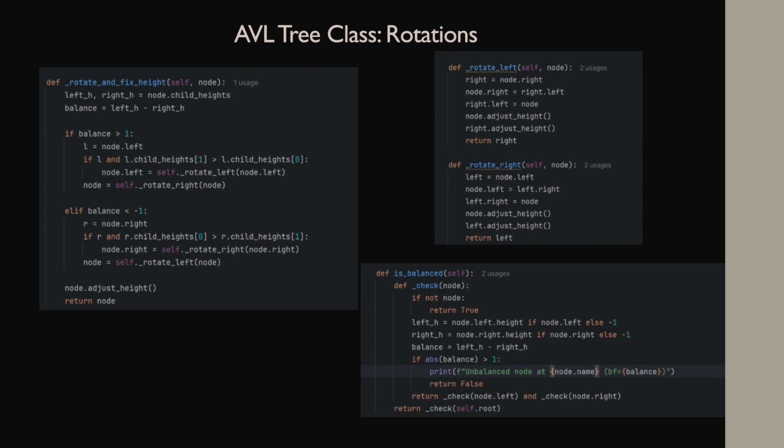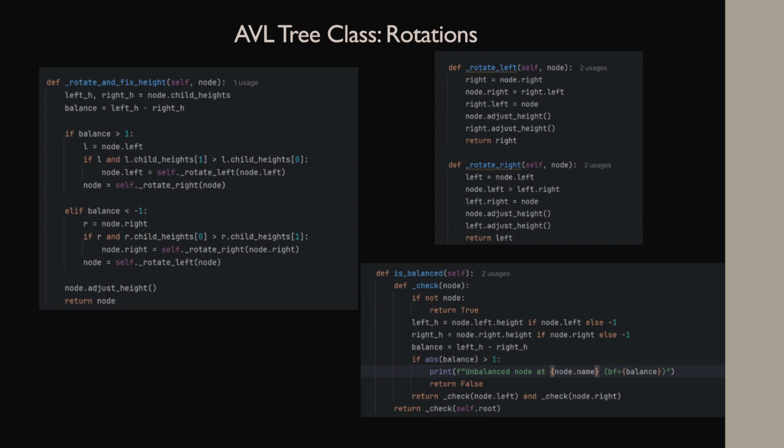And then rotate and fix height handles the double rotation cases, like left right and right left. It checks if the balance factor is greater than 1, which would mean it's left heavy. If it is, then it checks if it's a left right case. Then it would perform a double rotation if needed, so a left rotation, then a right rotation succeeding that.